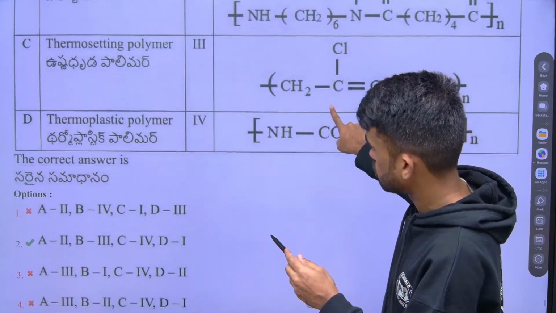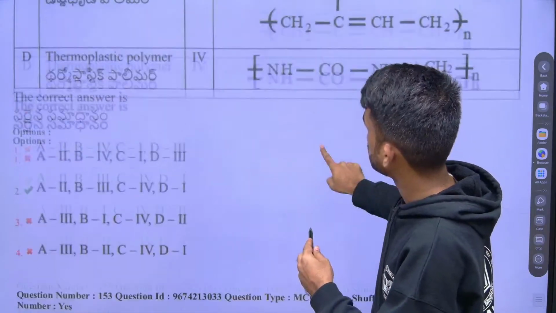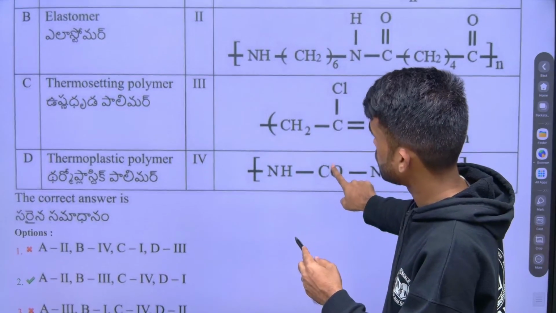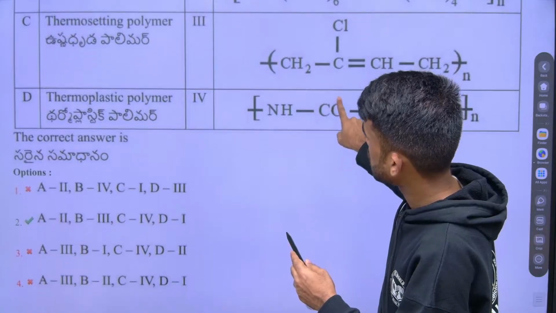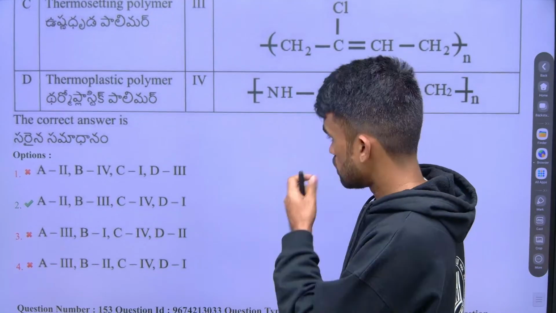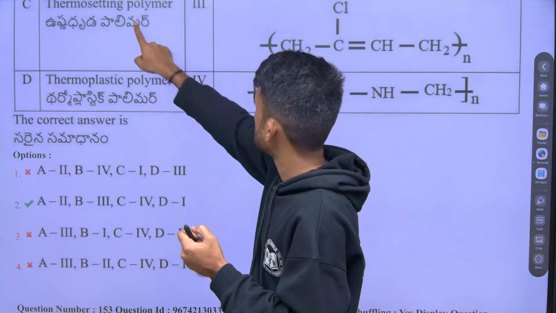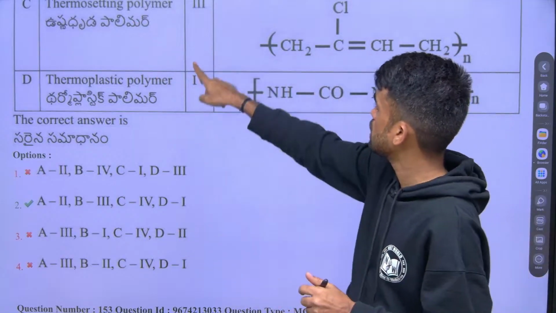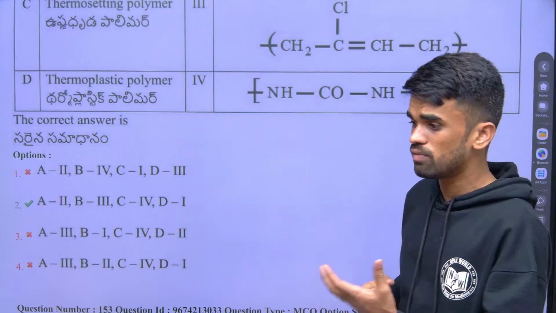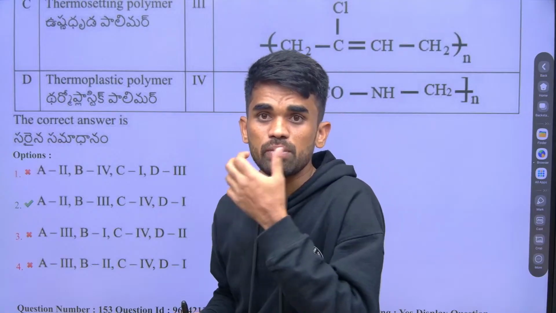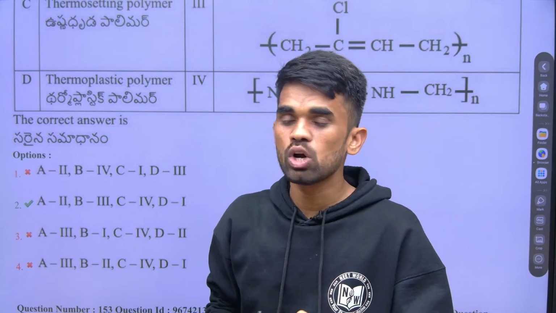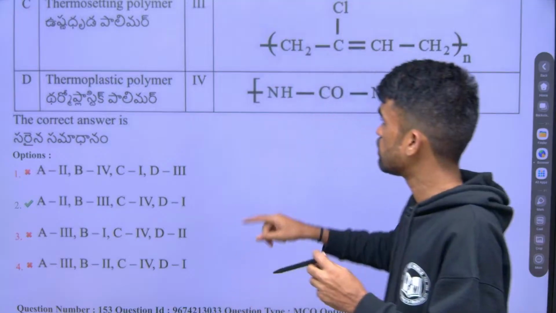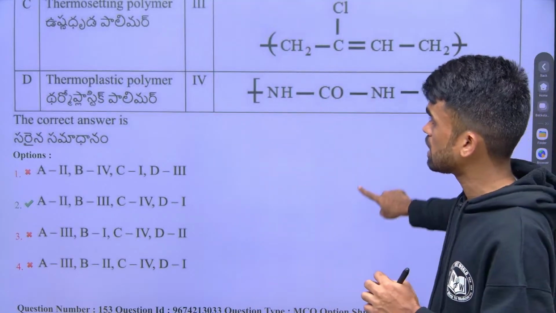Elastomer, no. Thermosetting, thermoplastic, C4, yes. So thermosetting we can say, that cannot be reused. So where will we be using that? We will be using it for making switches, Nevolac, all those things.